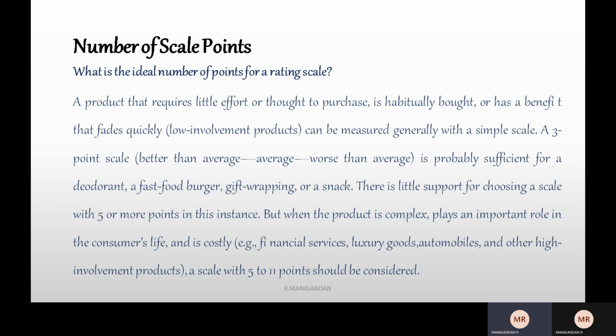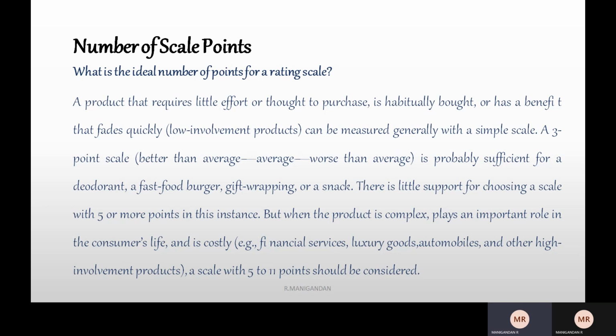For example, if I'm going to any shop, a restaurant, or a supermarket, we can say better than average versus average. A 3-point scale is probably sufficient for deodorant, fast food, burger, gift wrapping, or snack. These are the examples. There is little support for choosing a scale with 5 or more points in this instance.